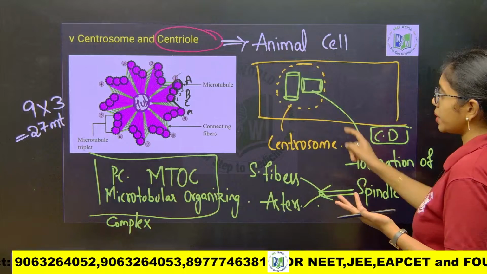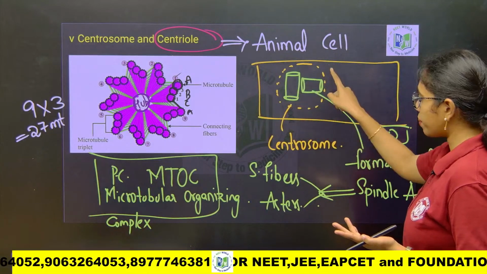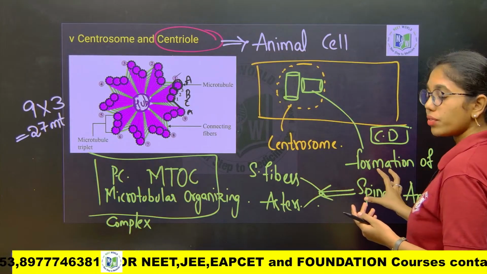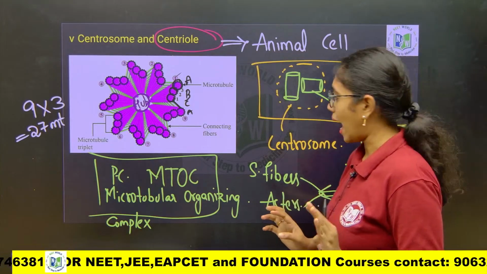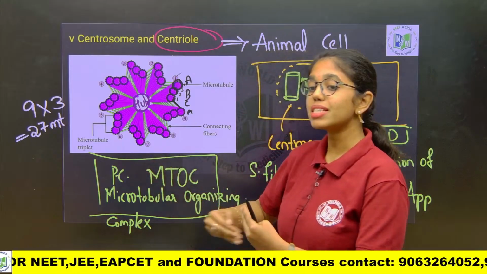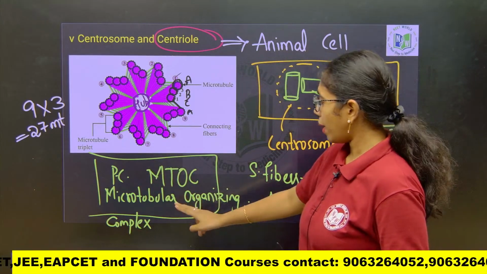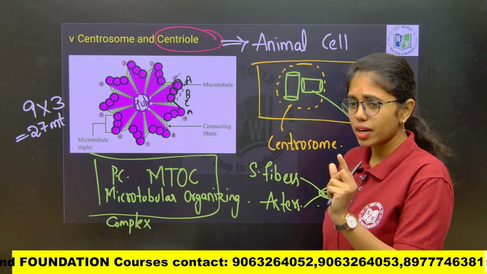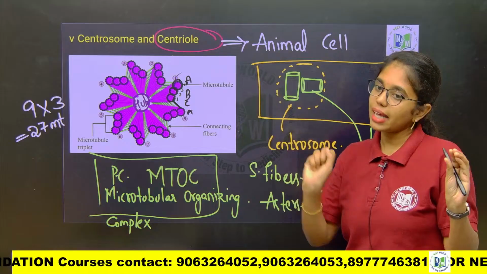What will be the centriole arrangement and how they are present? Inside the centrosome, and how they are helpful for formation of spindle apparatus. In plant cell, how is that function compensated? By microtubular organizing complex.